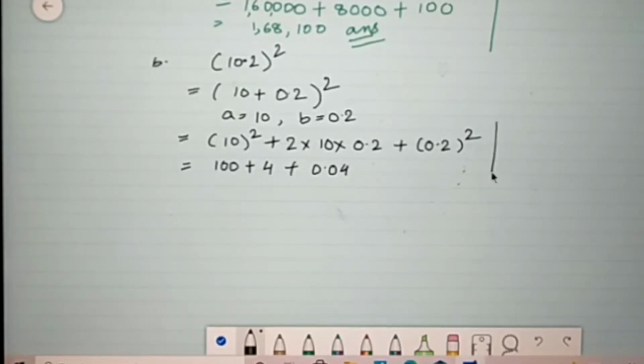Here we can see on the rough side: 0.2 into 0.2, 2 2s are 4 and the decimal place is having 2 digits. So we write 2 digits and then put a dot here. So it is 0.04. Now 100 plus 4 is 104 and 0.04. This is the answer.